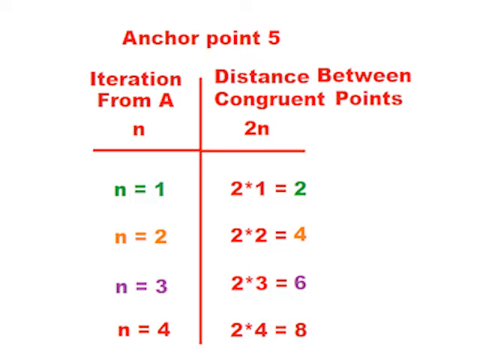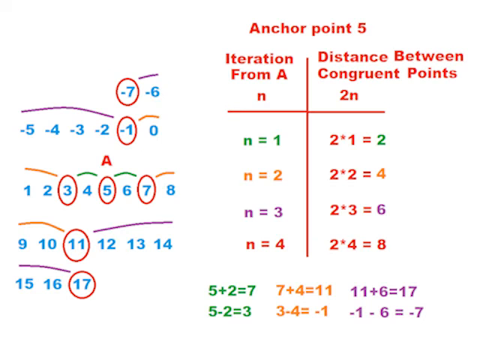Going by the directions indicated in this chart, we see that the anchor point 5 is congruent to 3 and 7 with the first iteration of 2n, -1 and 11 with the second iteration of 2n, and -7 and 17 with the third iteration of 2n.